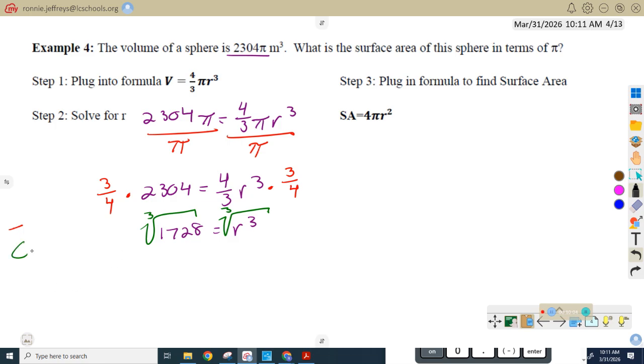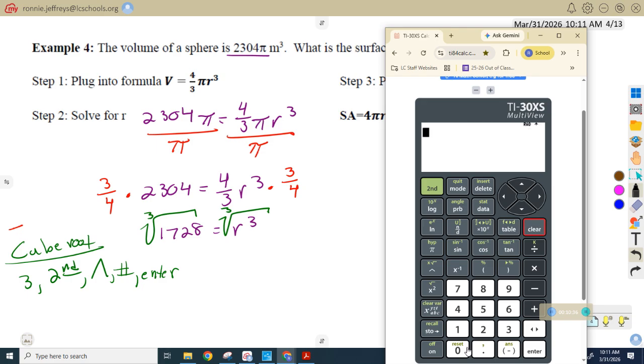So we would hit 3, second, raise the roof, number, enter. Now, just like if we had to get in the calculator a power above 2, we use the raise the roof button. Same way when we take a root that is higher than the second root.